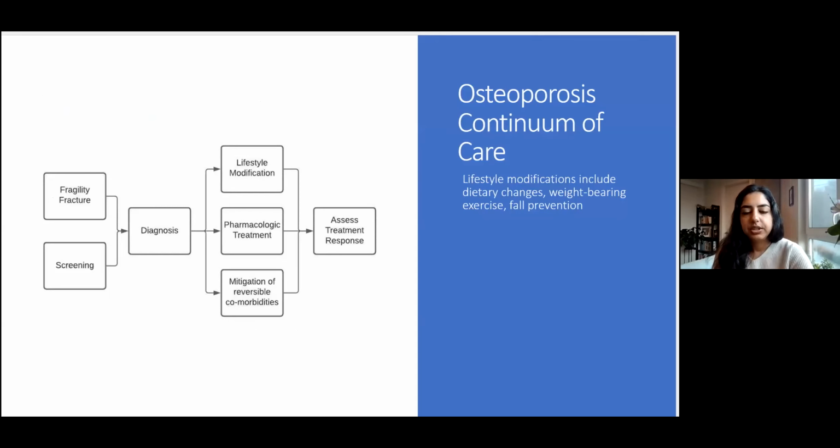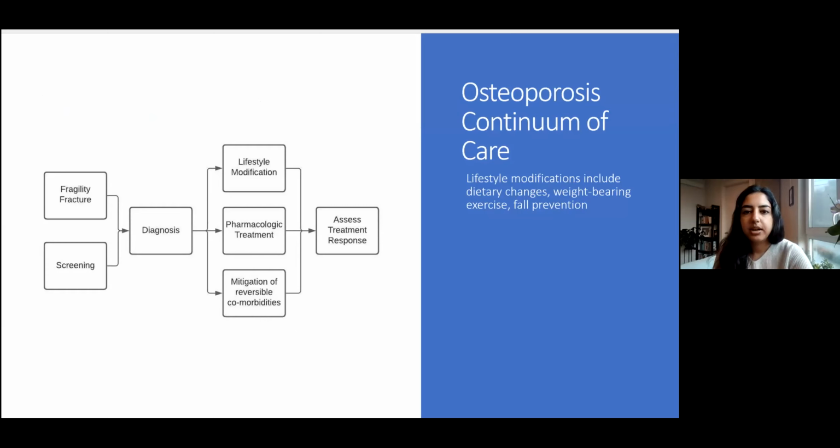This is a little diagram that I created about the continuum of care associated with osteoporosis. Thinking about how a patient presents with a diagnosis of osteoporosis: either you'll screen for it or you'll discover it with a fragility fracture that leads to the diagnosis.